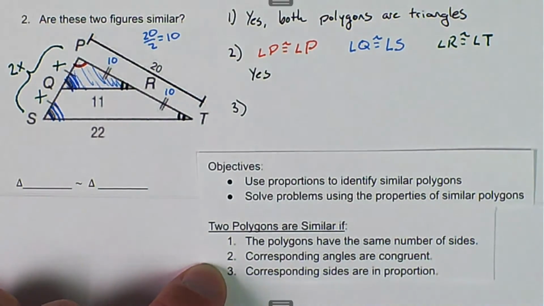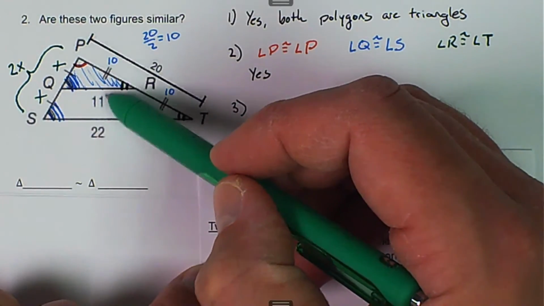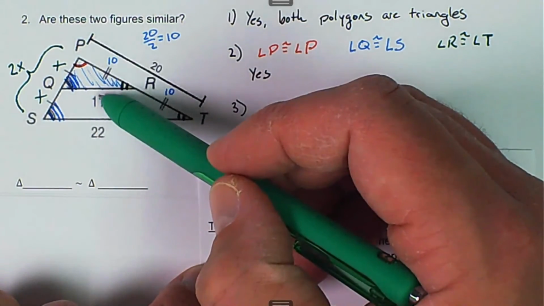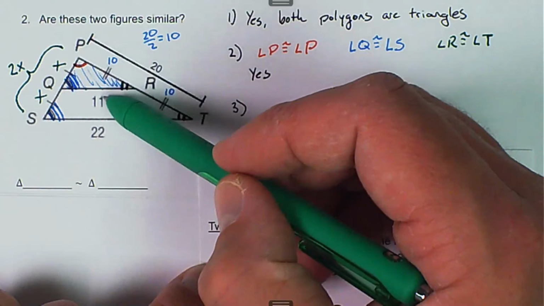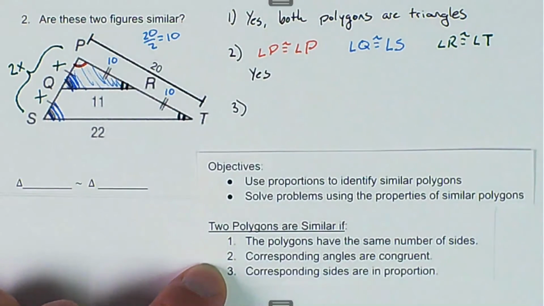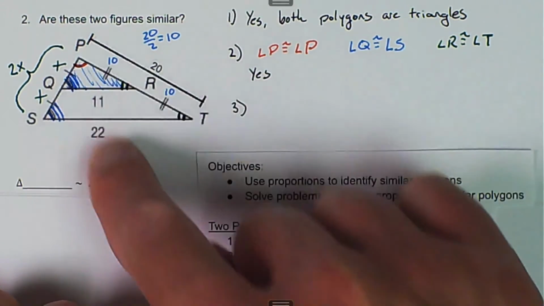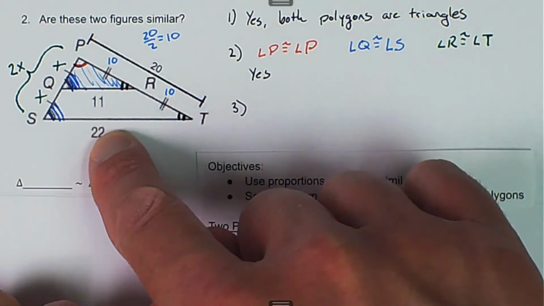So we have a variable side, we have 11 and 10. Which one's bigger? Well, I'm going to say 11 is the largest side right now. So 11 is the largest side of the small triangle. What is the largest side of the big triangle? That's 22.